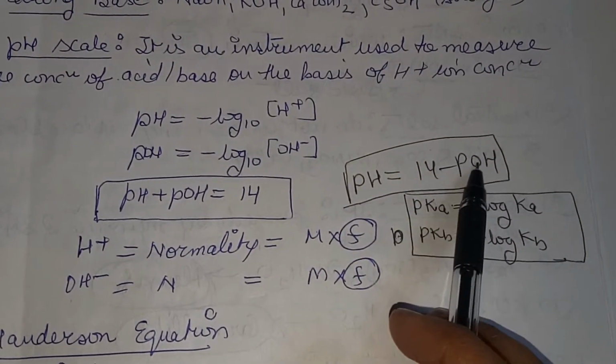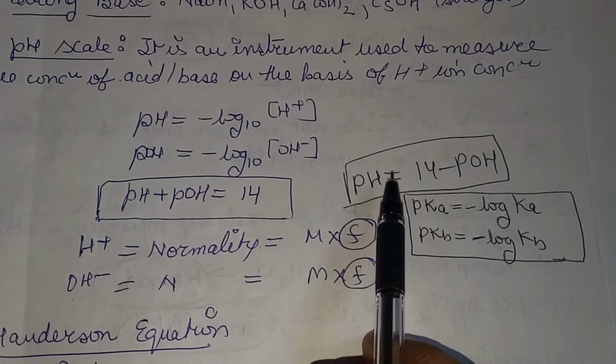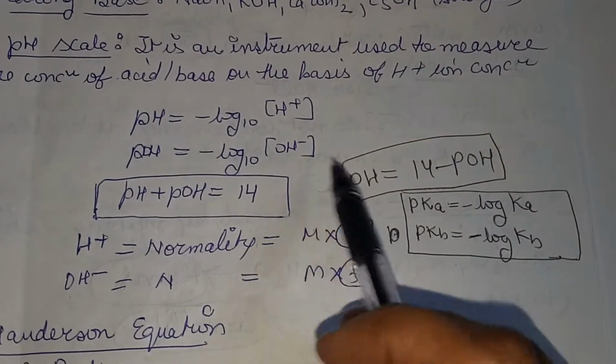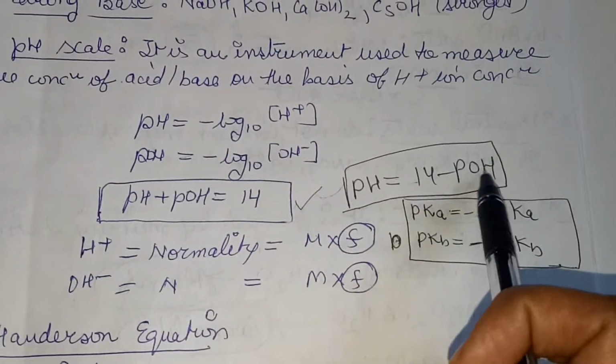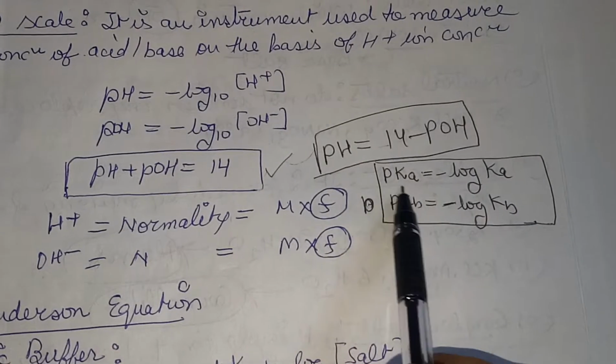If the pOH is given, then you can find the pH value by writing this formula. pH equals 14 minus pOH.